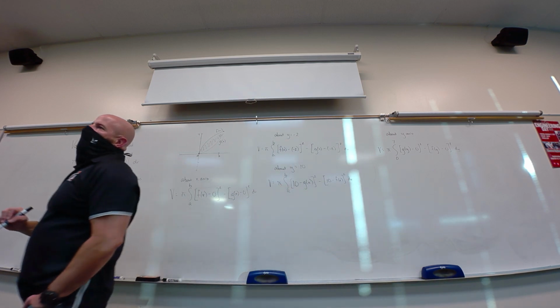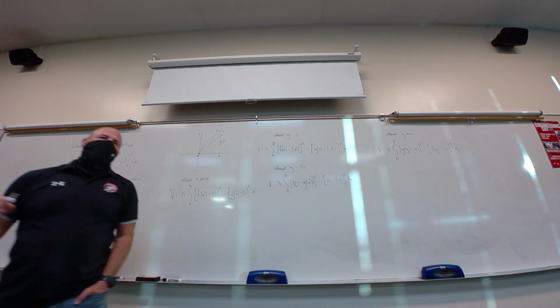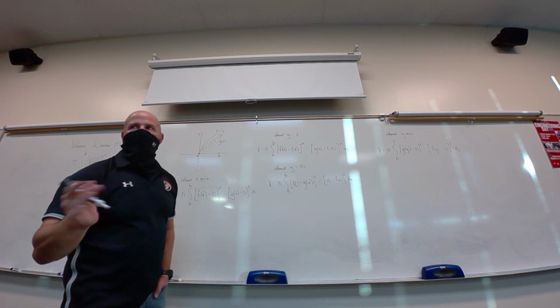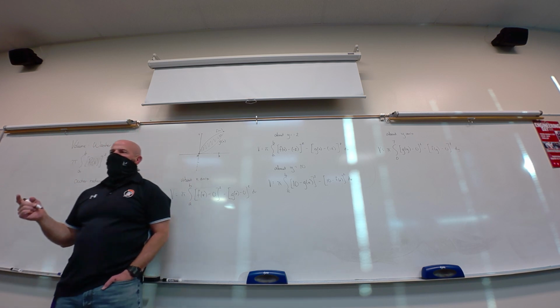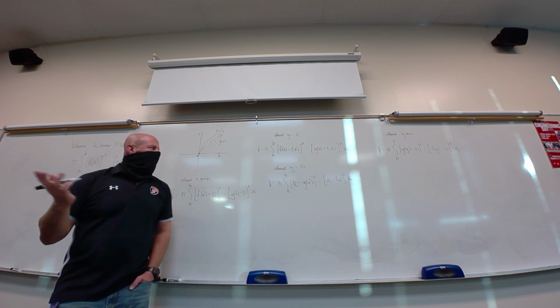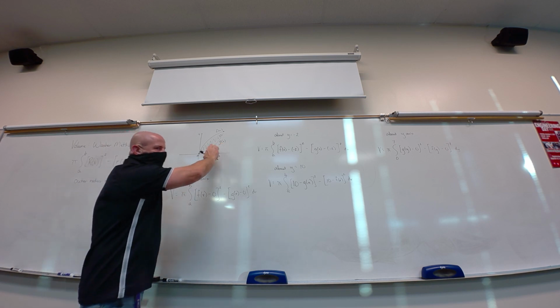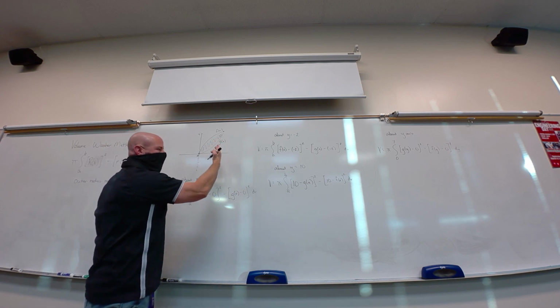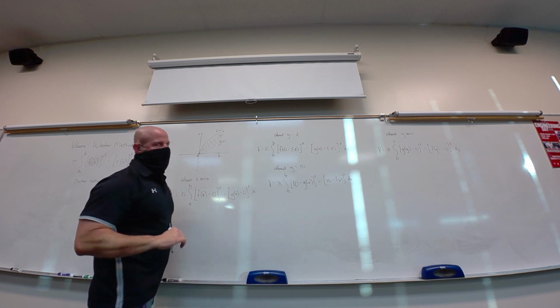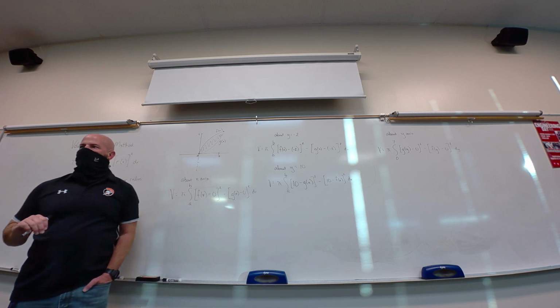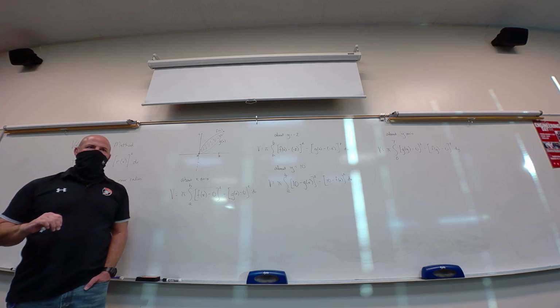So we've got to make sure we're in the correct variable. When you did area, if you were doing right minus left, you had to be in terms of y. So this may be g of x or y equals something, but I'd have to turn around and solve it for x, and that would be in terms of y then. So right minus left. Are you okay there? Mm-hmm.